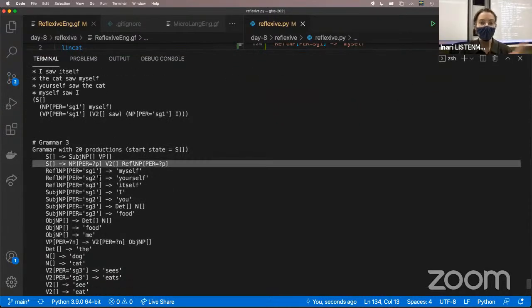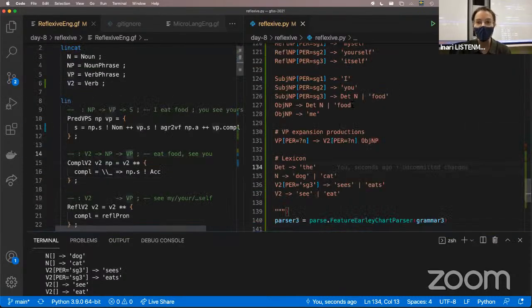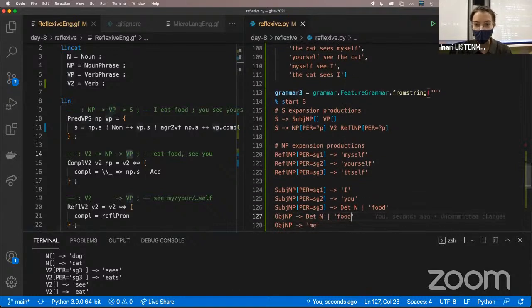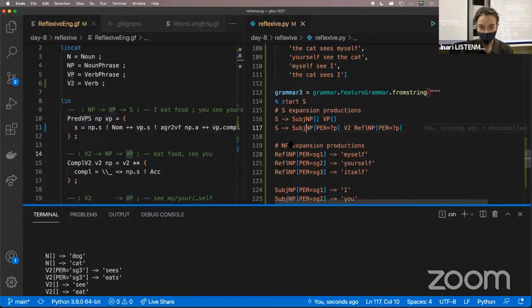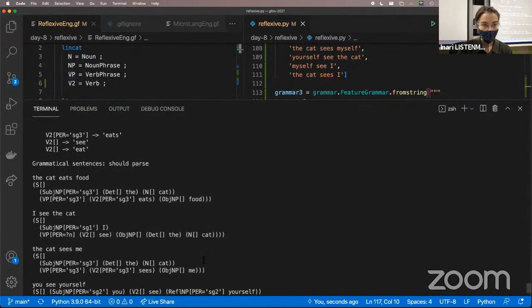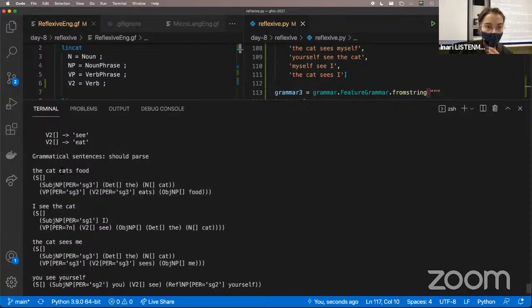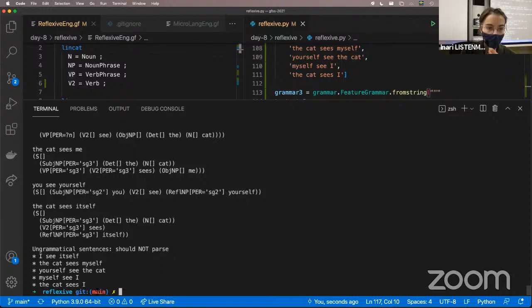Oh yeah, I think I forgot to add the subj NP here. That's the only problem, because there is nothing called NP anymore. Subj NP here. Okay, so I think now the test set is parsing all of it and it's rejecting all of these.